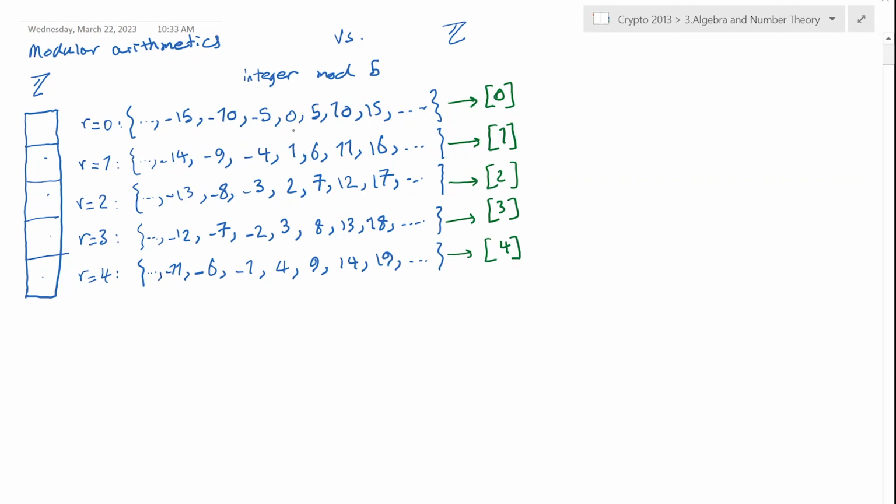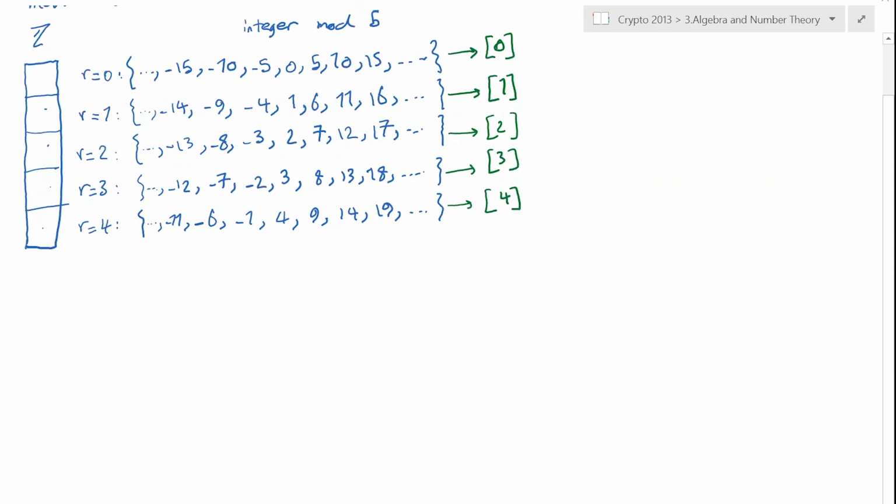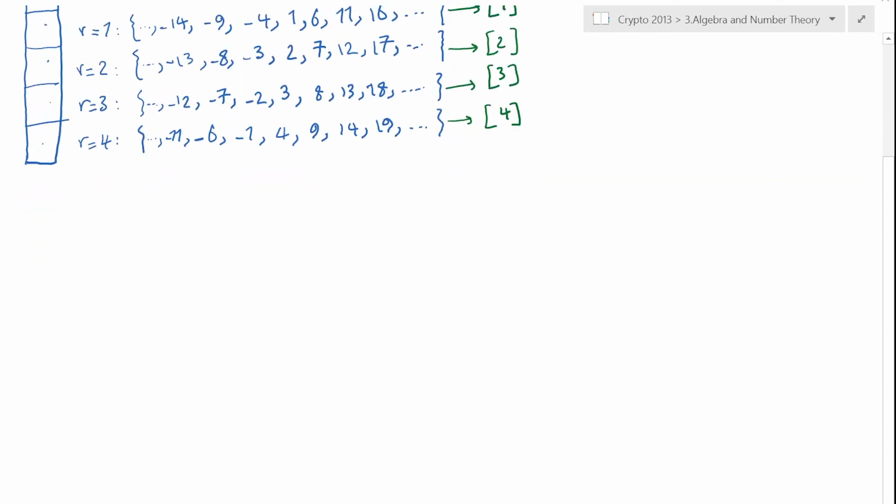Any element you choose from the set 0 has remainder 0 mod 5. These are what we call residue classes.